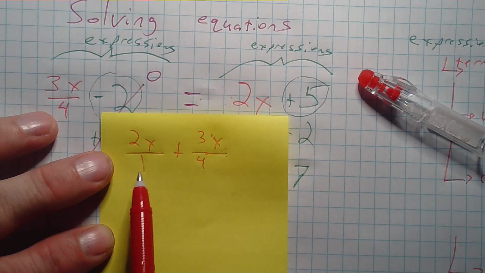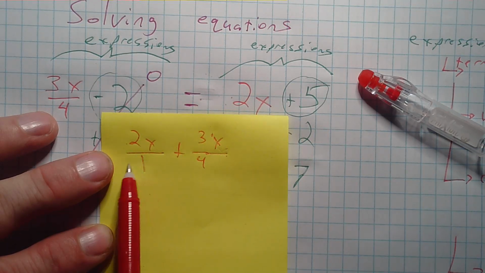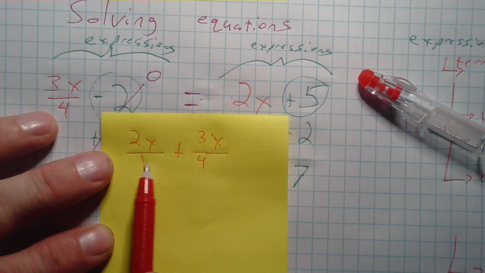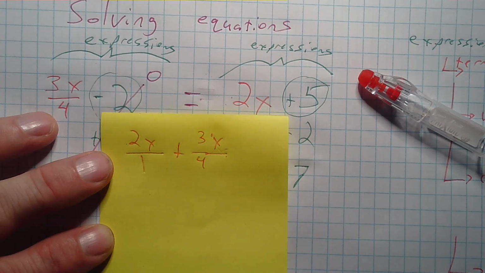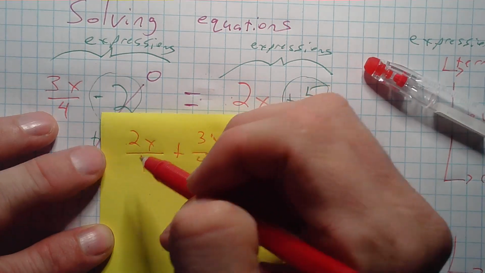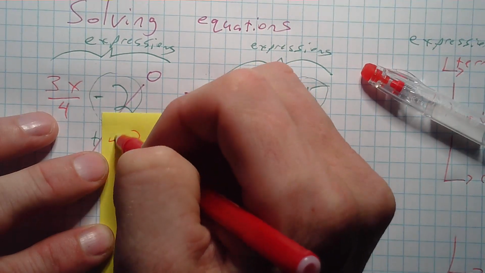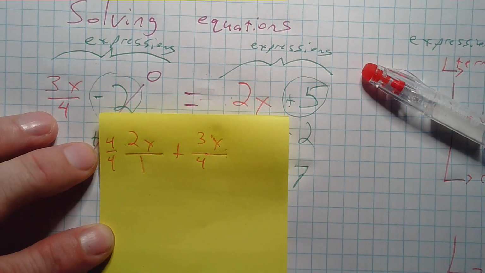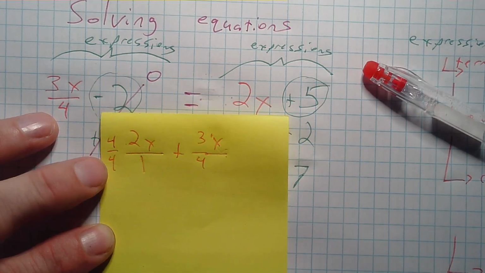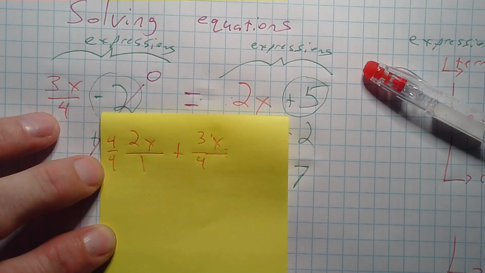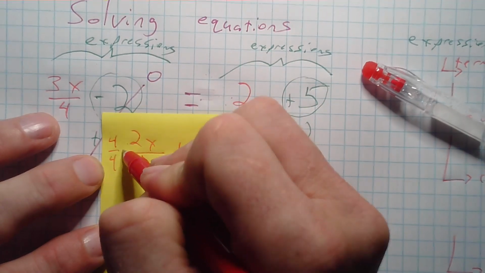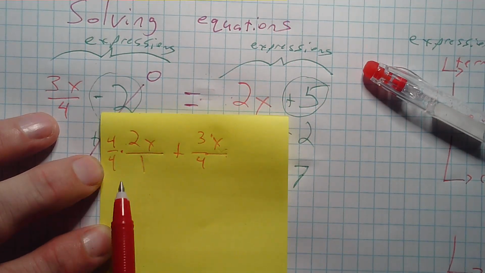2x? Well, I have to make this denominator 4, right? So in order to make this denominator 4, I have to multiply this by 1 in the form of 4 over 4. So I'm going to multiply the top and the bottom by 4 over 4.